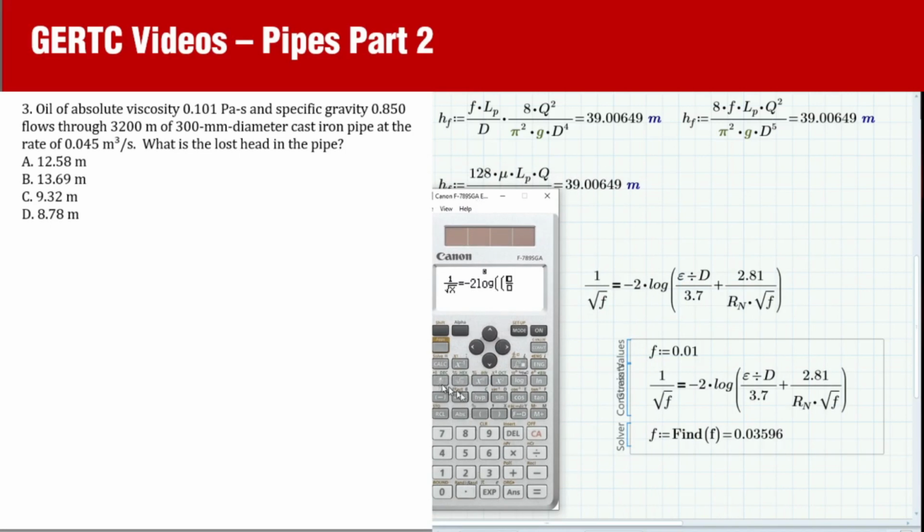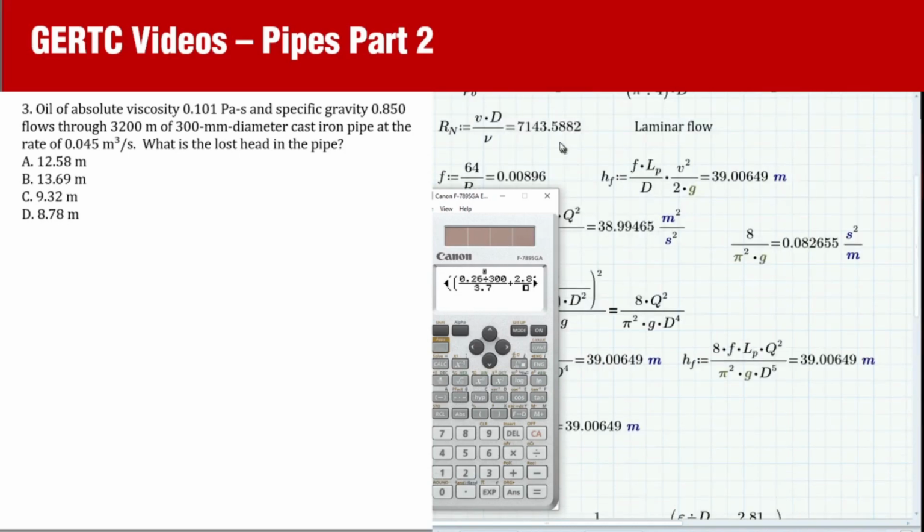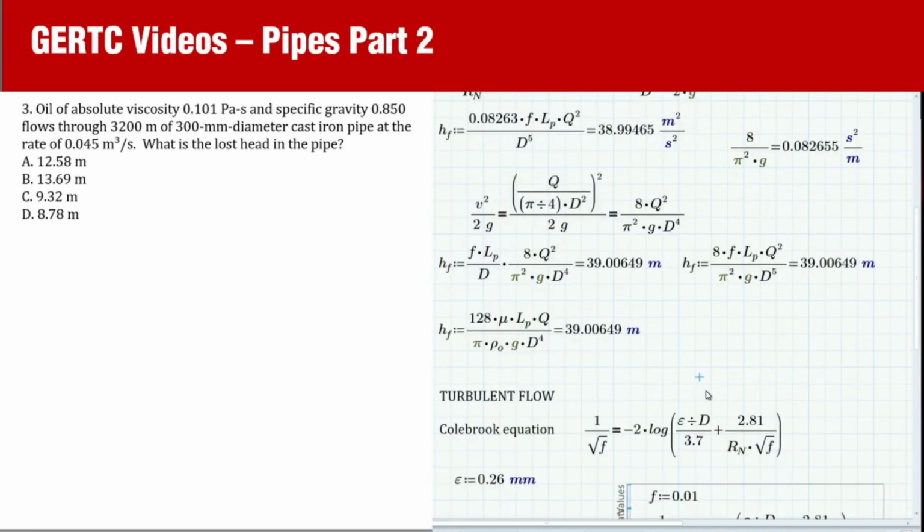I'm sorry, medyo babagal ako. 0.26 mm divided by diameter 300 over 3.7, and then plus 2.81 divided by Rn. Ano yung Rn natin? Huwag muna natin sa taas. Rn natin 7143. Ilagay natin dito para madali natin makita.